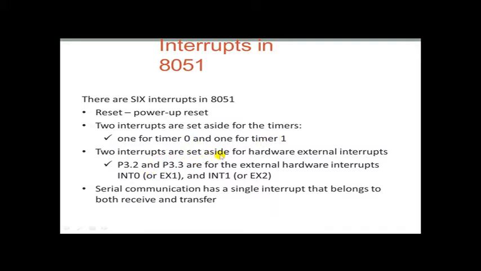Two interrupts are set aside for hardware external interrupts, that is pins P3.2 and P3.3, for external hardware interrupts INT0 and INT1, external 0 and external 1. The serial communication has a single interrupt that belongs to both receive and transmit. So in serial communication, we have a single interrupt for both receive and transmission.